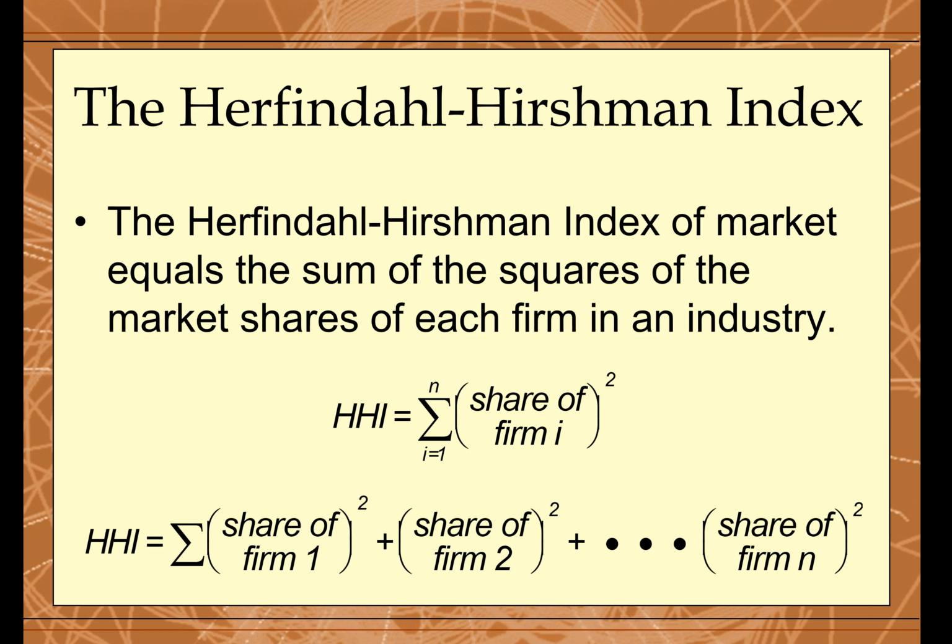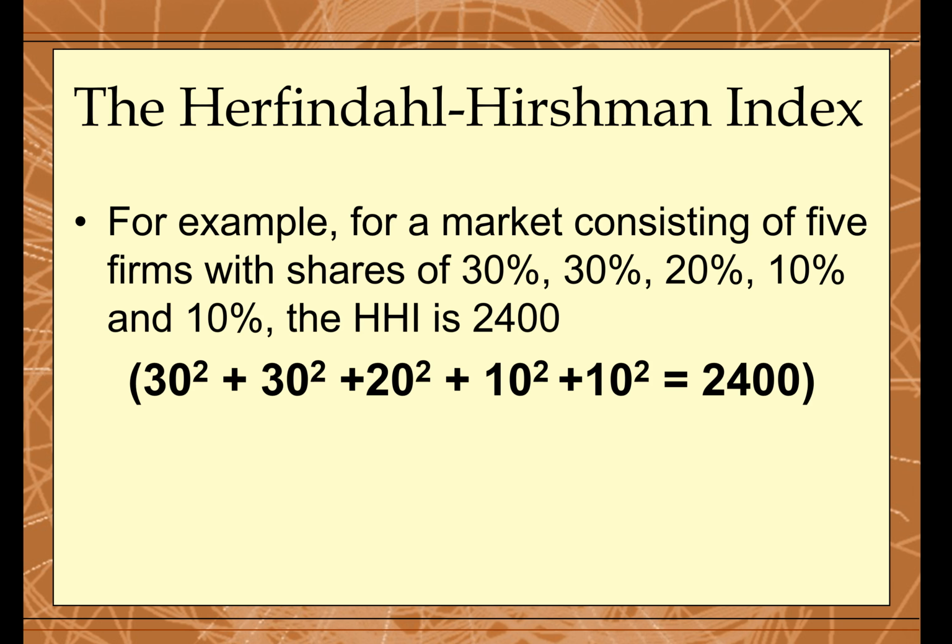So let me give you an example. Let's say we have 5 firms in this industry. You have a 30% market share, 30%, 20%, 10%, and 10%. Now, the first thing you do is, keep in mind 30%, that's 0.3, right? The first rule in calculating the HHI is convert this 30% into a whole number.